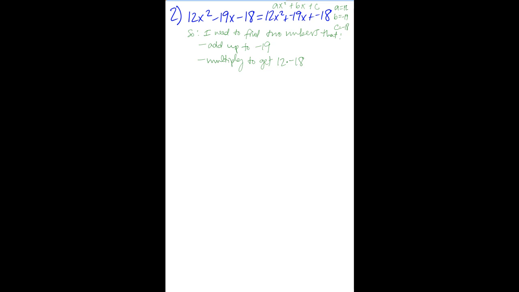So, what is 12 times negative 18? Well, it may take me a minute to go ahead and multiply that out. If I do, I'll find I get 216. So I need numbers that add up to negative 19 and multiply to get 216. So I could start by looking for factors of 216. Sorry, negative 216.